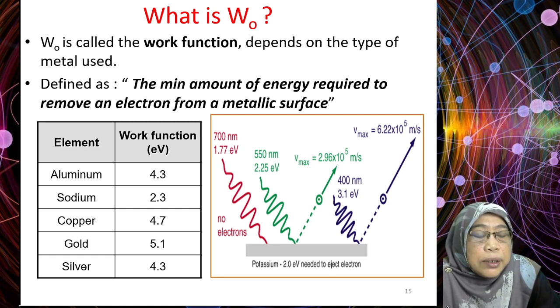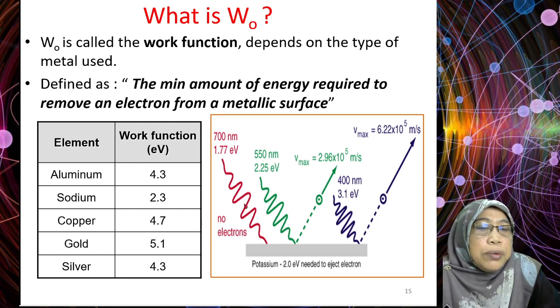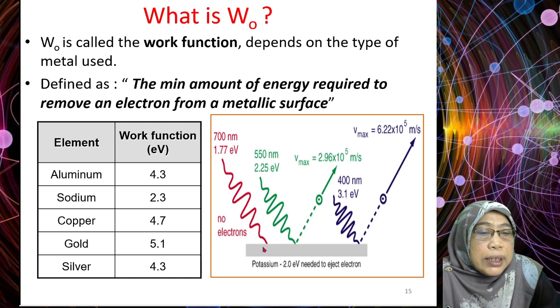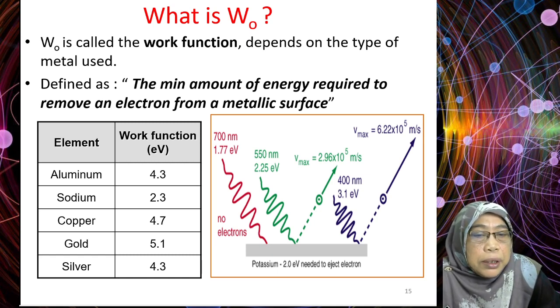That is the energy. We have energy in units of joule and also electron volt. So 1.77 electron volt from the photon, and then we shine on the metal target, which is potassium. No photoelectron emitted, no electron emitted, no current if you have the photoelectric effect experiment set up.